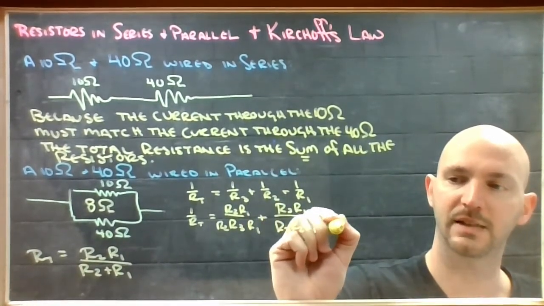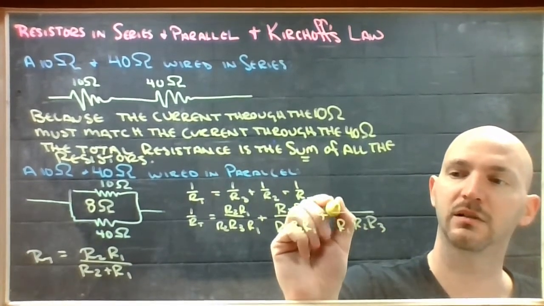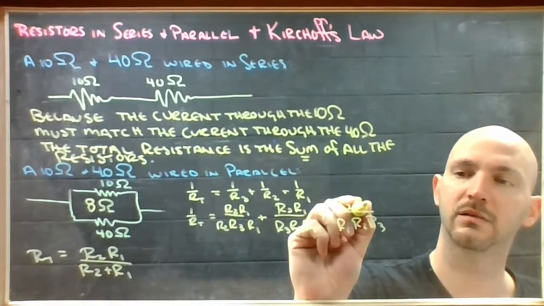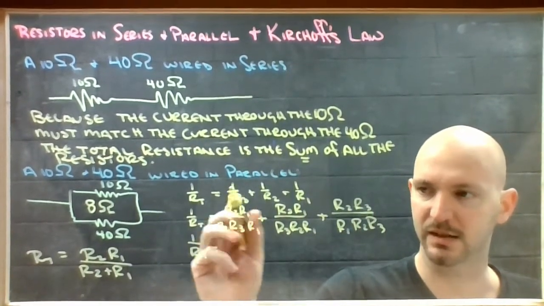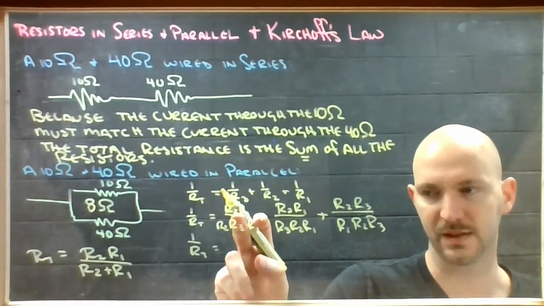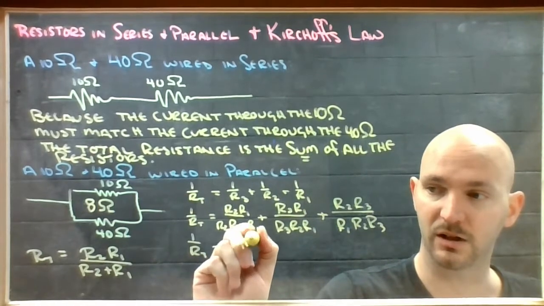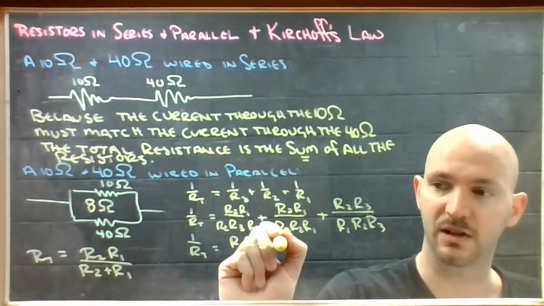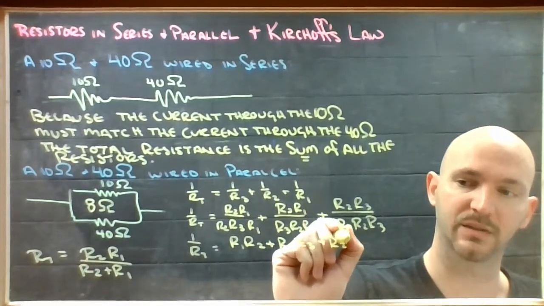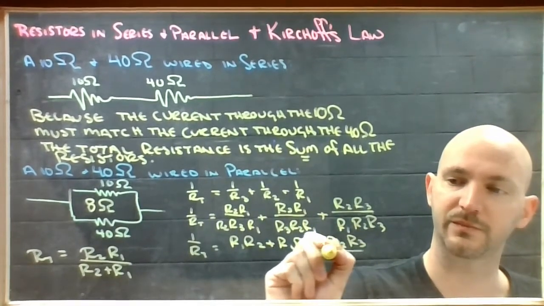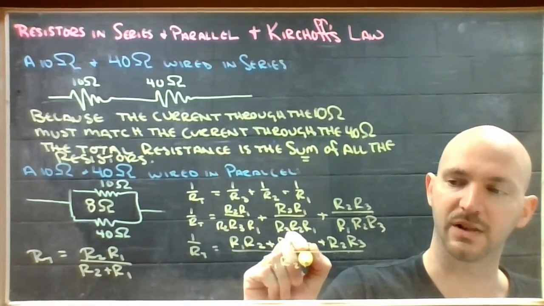And this thing already has the R1, it needs the R2 and the R3. So I end up with 1 over total resistance is, well, this many plus this many plus this many would be R1 R2 plus R1 R3 plus R2 R3 over R1 times R2 times R3.